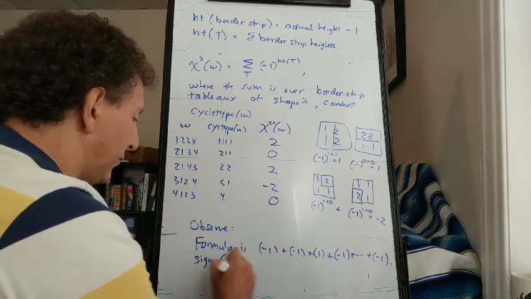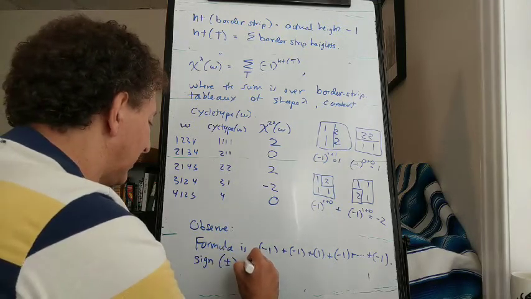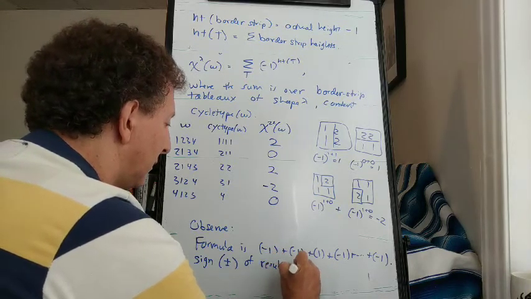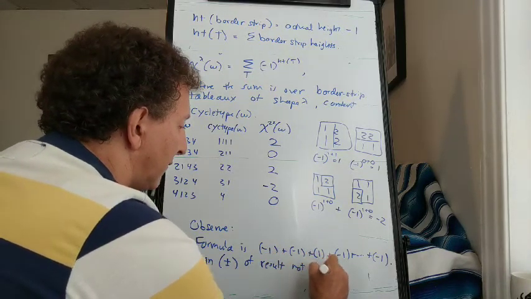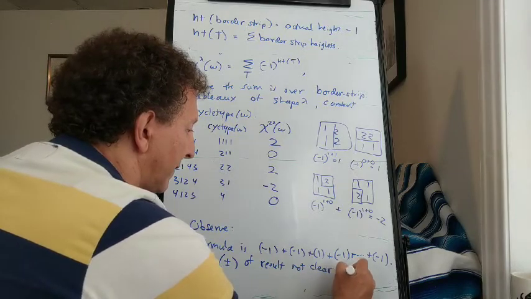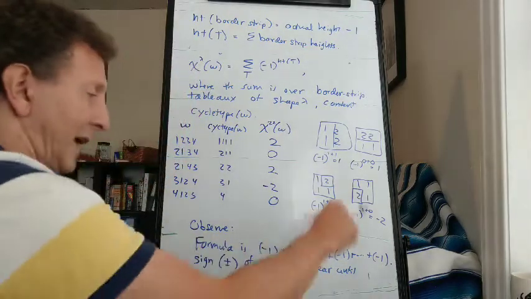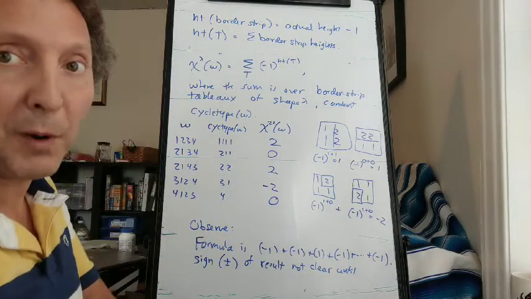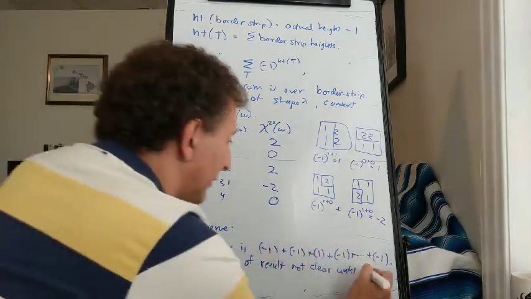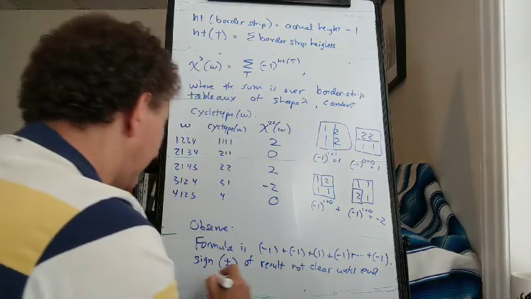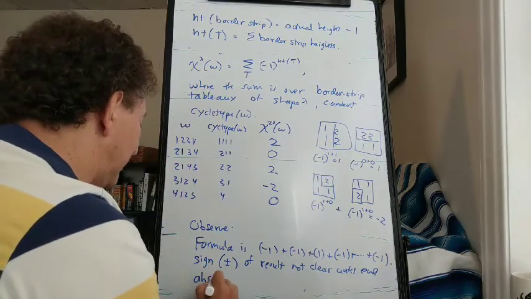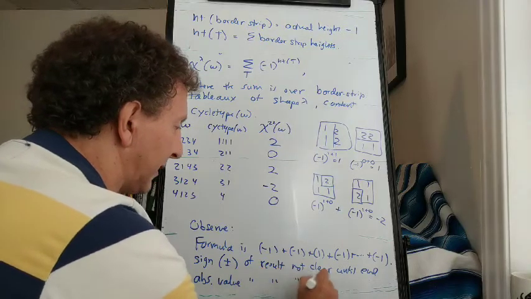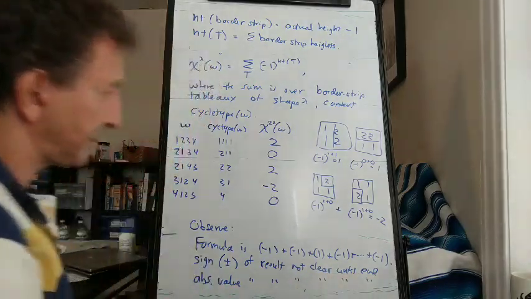So the sign, whether it's positive or negative, of the answer is not clear until we add all of these 1s and negative 1s. You can't see ahead of time whether you're going to get more positive ones or more negative ones. And then the absolute value of the result is not clear until the end.